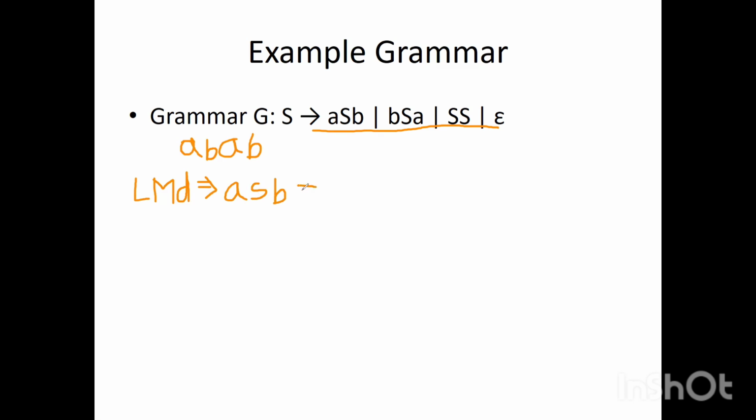Now from this ASB, we again replace this S with one of the production rules. We will replace this S with BSA. You will understand why we are doing this replacement when we get our result.